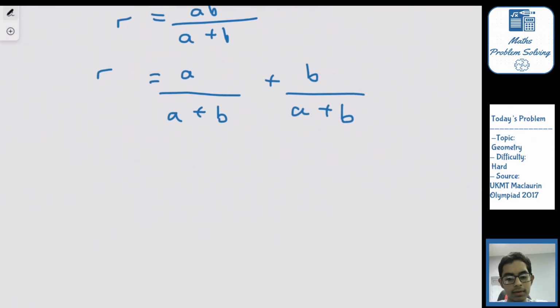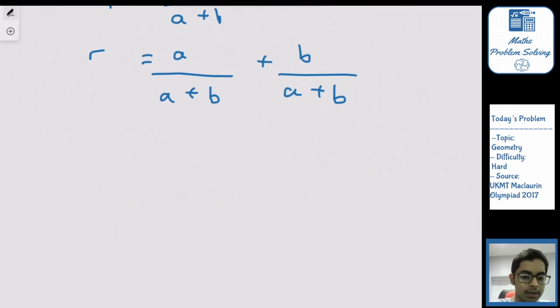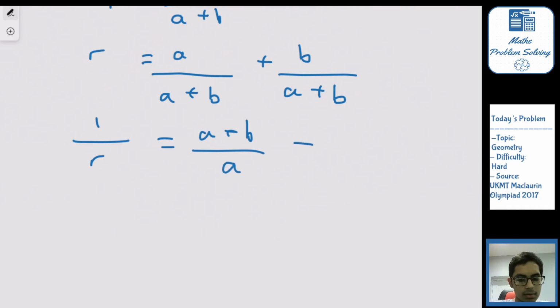So now, if we continue working with this, hopefully we get a situation where 1 over r equals 1 over a plus 1 over b. So maybe let's start by reciprocating all the terms. So 1 over r equals a plus b over a plus b over b.